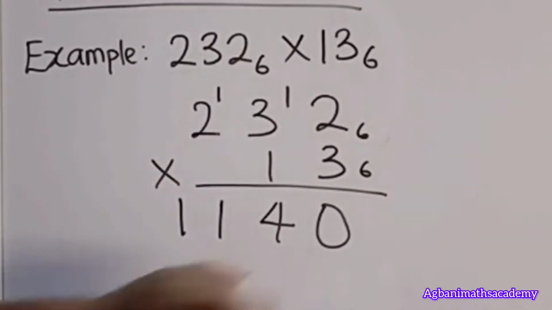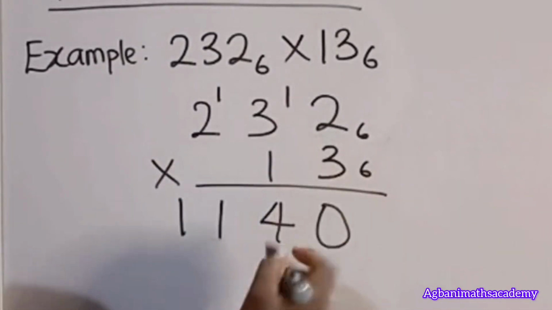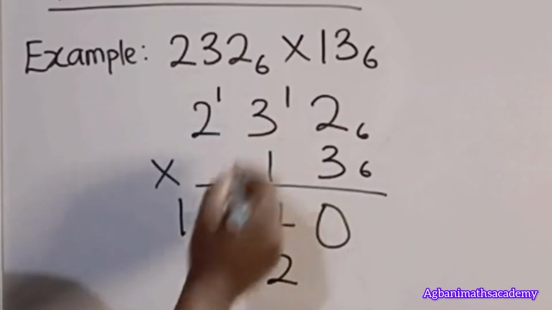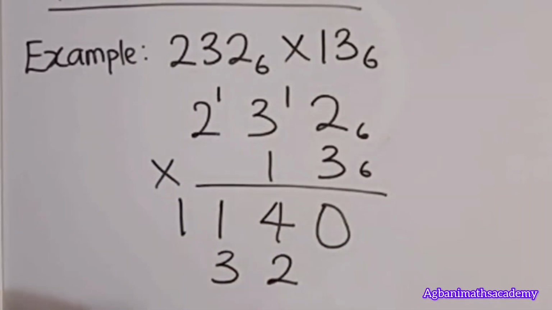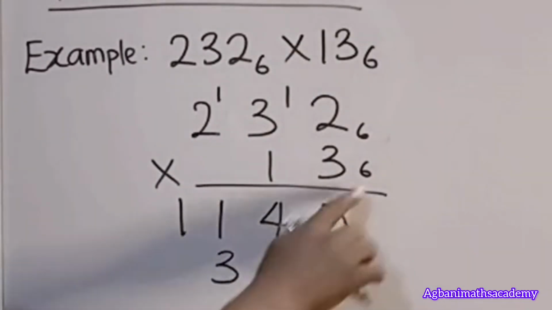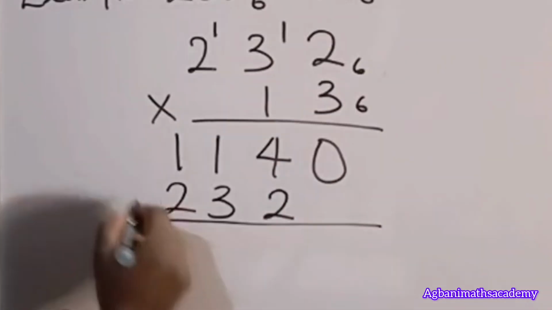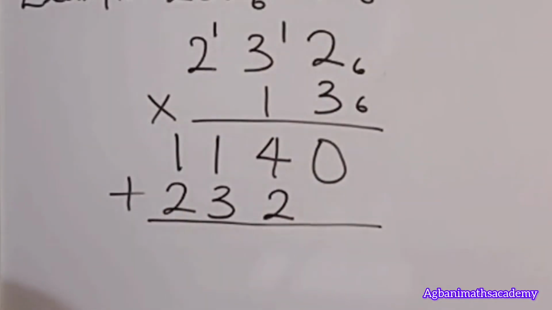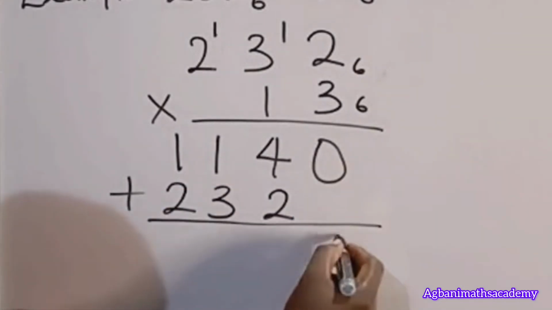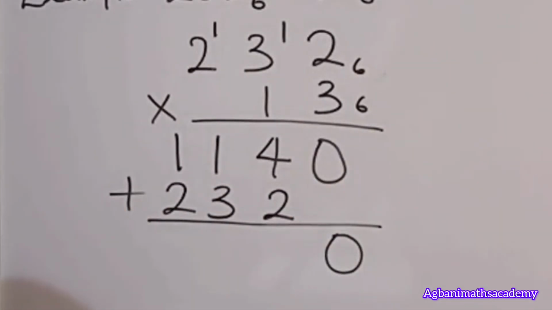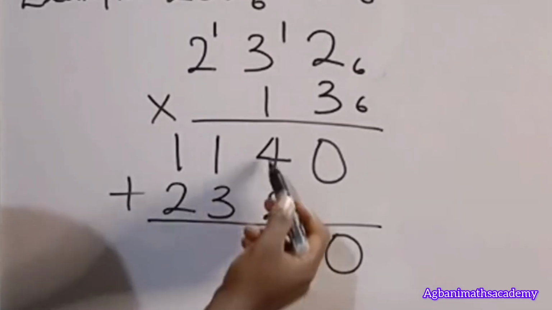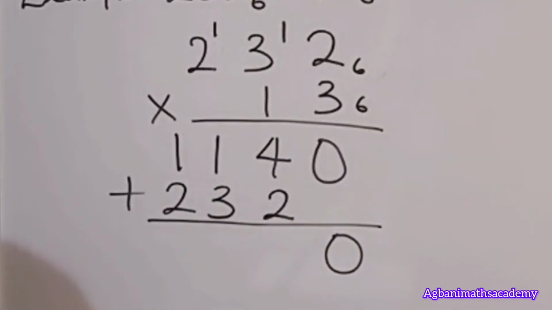So we've written it down. Next, 1 times 2 gives you 2. 1 times 3 gives you 3. We don't have any issue with that because all the numbers we're going to get will be less than 6. 1 times 2 gives us 2. So we add them together. 0 plus nothing gives us 0. 4 plus 2 gives us 6. We cannot write 6.